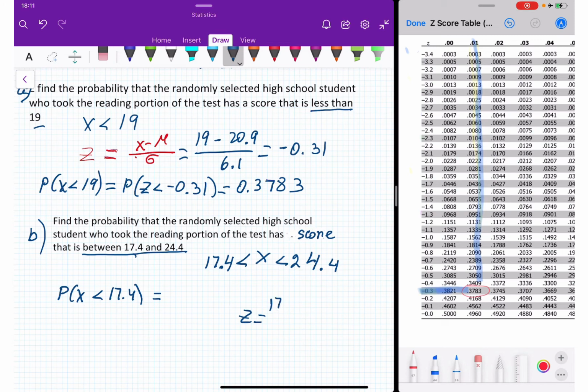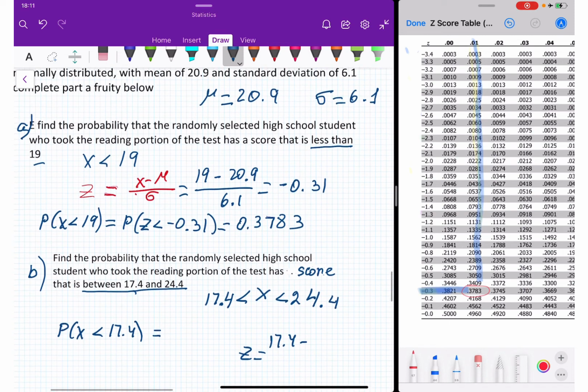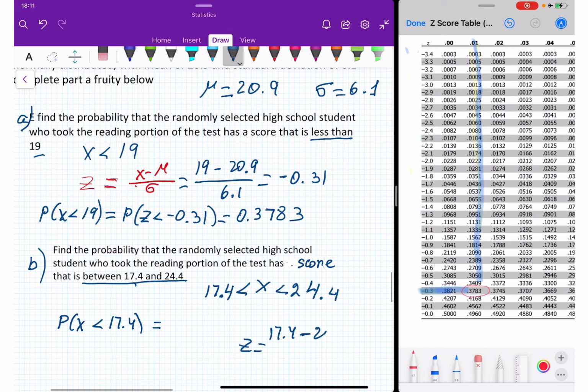X is 17.4 minus average, which is 20.9, right? Here it is our average, and here is our sigma. So 20.9 and divided by sigma 6.1.